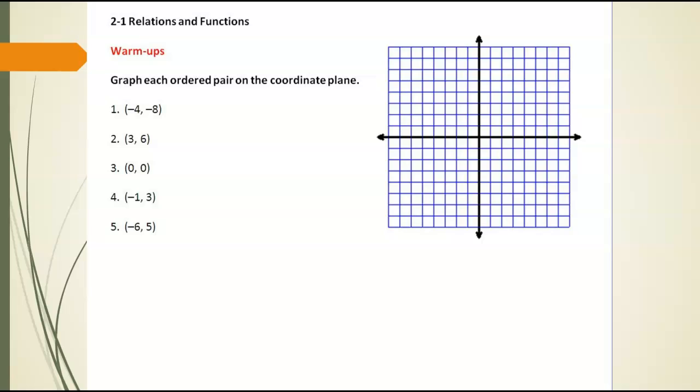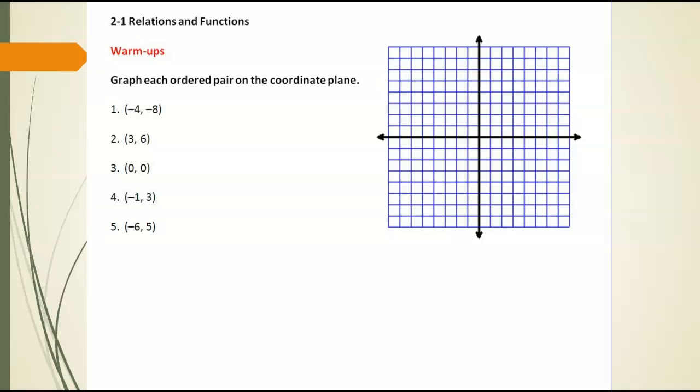When you graph an ordered pair, you graph it as x comma y, where the x is on the x-axis and the y is on the y-axis.